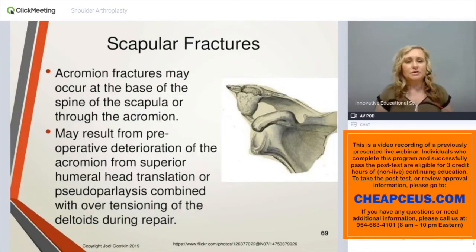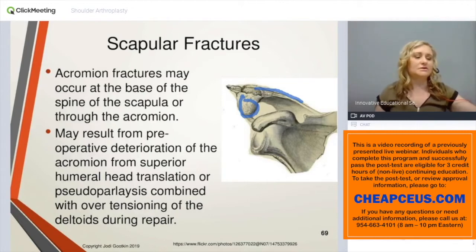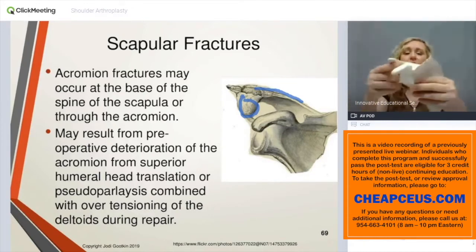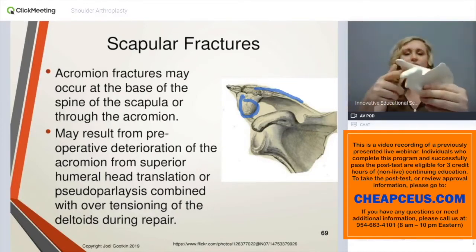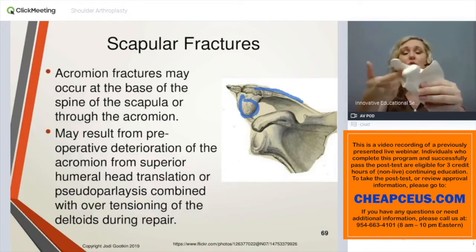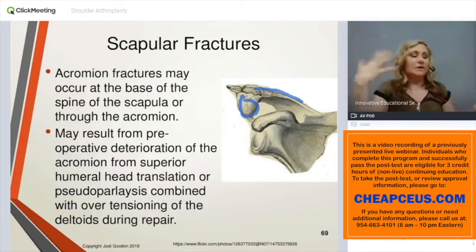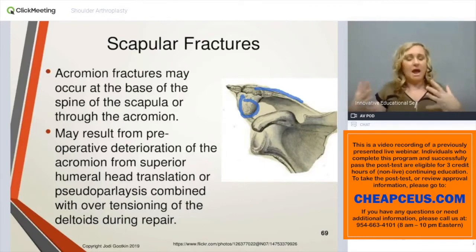What we might monitor the patient for during our rehab is a scapular fracture, particularly where the spine of the scapula comes in to the acromion. In this region is where you're more likely to see the fracture occurring, and this may be a little more common in the reverse arthroplasty because it's already weakened because of the abnormal mechanics preoperatively.